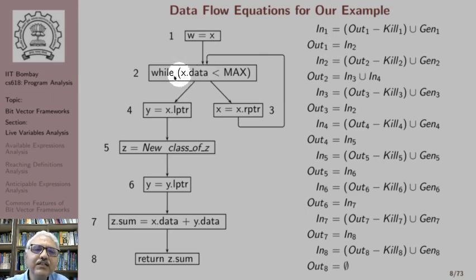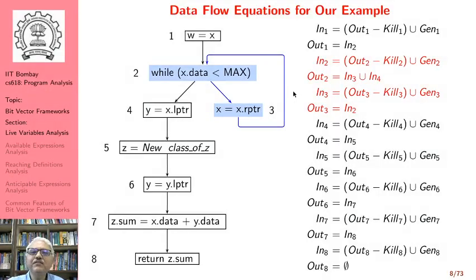The interesting thing is equation 2. Observe that we say in2 is defined in terms of out2 minus kill2 union gen2, and out2 is defined as the union of in3 and in4. The interesting thing is the following.